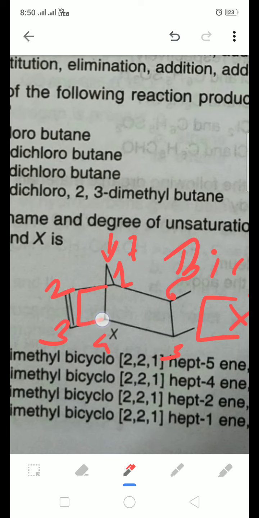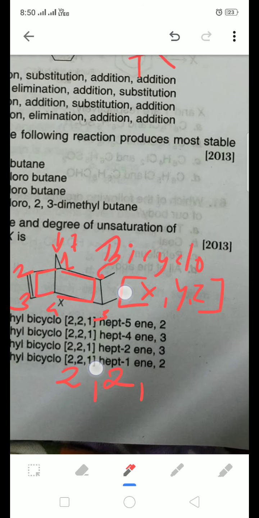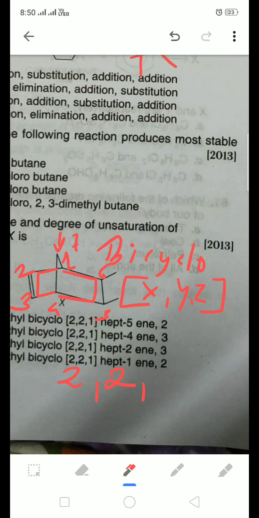This is the longest part. And so how many carbons are there except the bridgehead carbon? We have to count them except the bridgehead carbon. The number of carbons is 2. Now what is the number of carbons in the shortest part? Here, since both the parts are the same, therefore here also the number of carbons is 2. And now what is Z? Z is the number of bridgehead carbons. Only 1 bridgehead carbon is present in here. So the answer is 1.